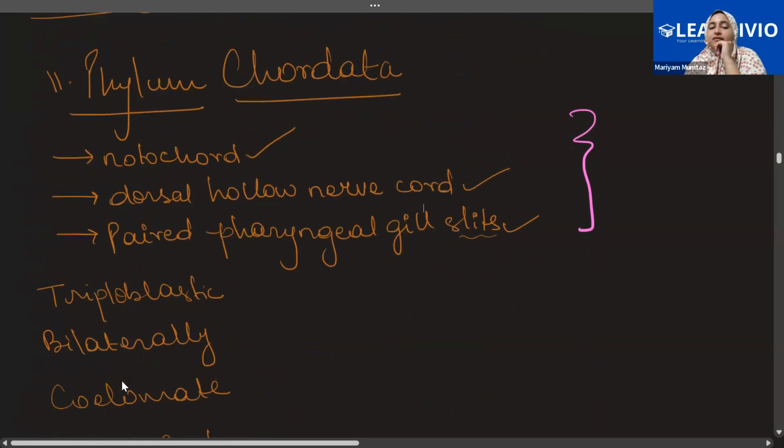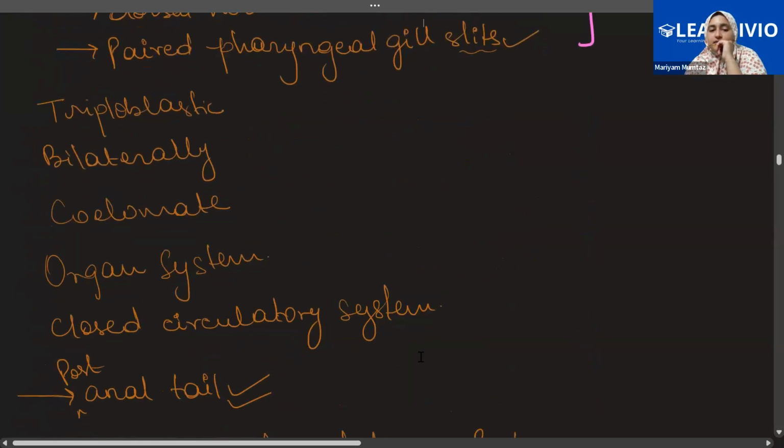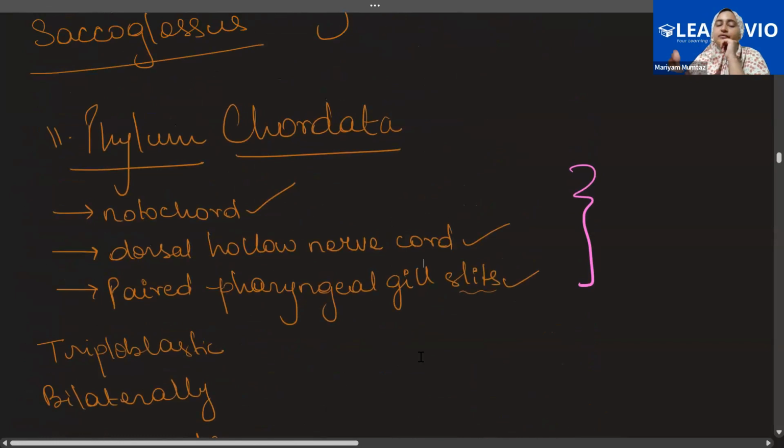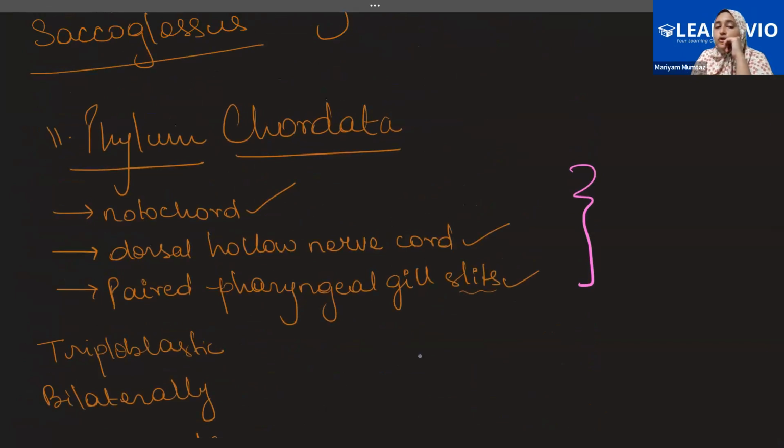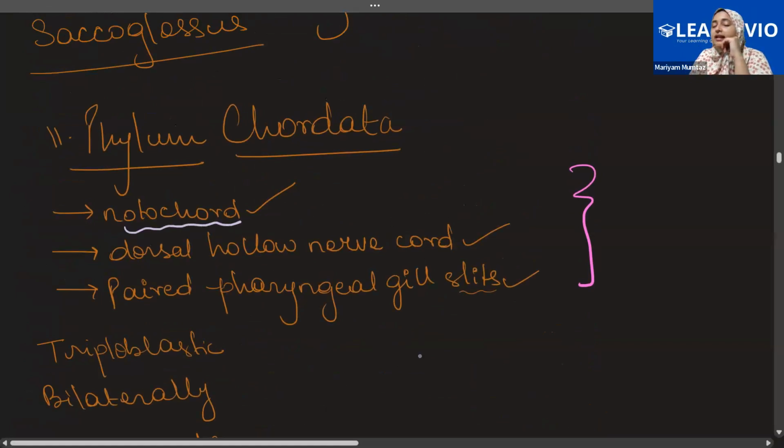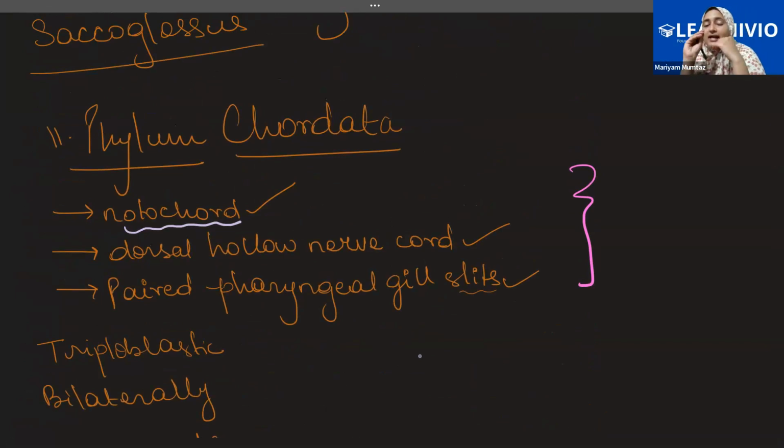Phylum Chordata would have the presence of notochord at some point in their life cycle, during embryonic development, and some might even have it in real life, the lower organisms. Then there is the dorsal hollow nerve cord, through which the spinal nerves will go.